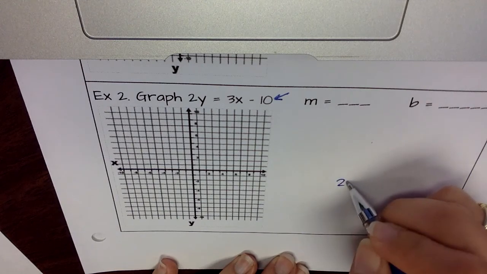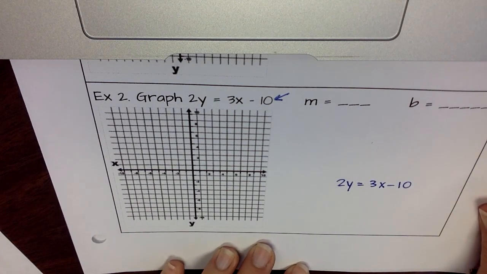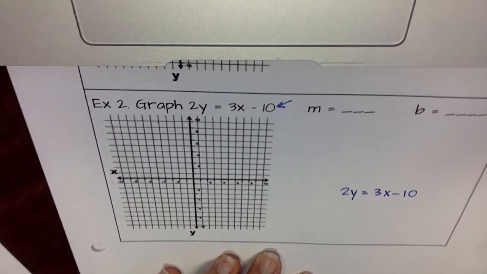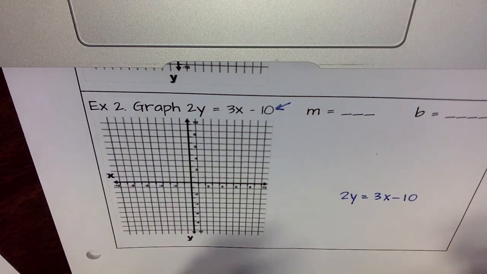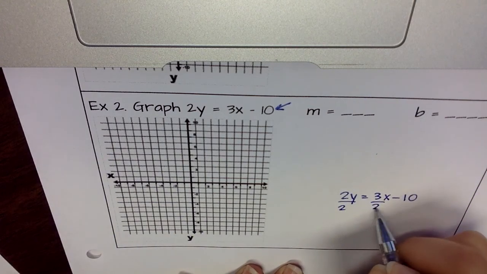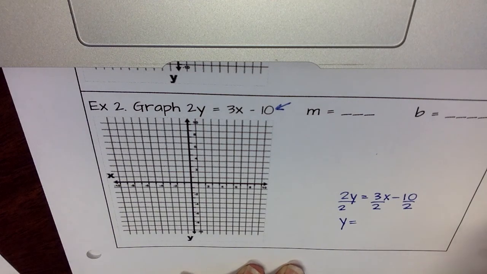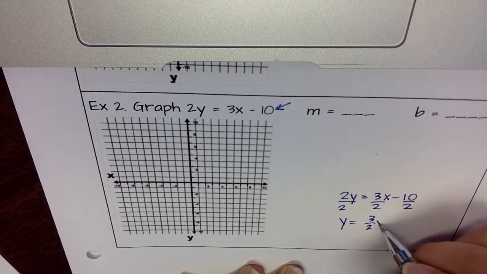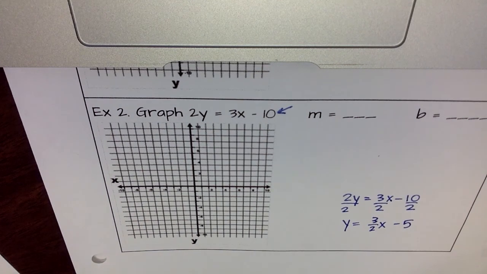So I'm going to come over here, you do it too, and we are going to put this equation in slope-intercept form. To do that, my y is already opposite of my x on separate sides, so I just need to divide by 2, and y is going to equal 3 over 2 x, and 10 divided by 2 is 5, so minus 5.